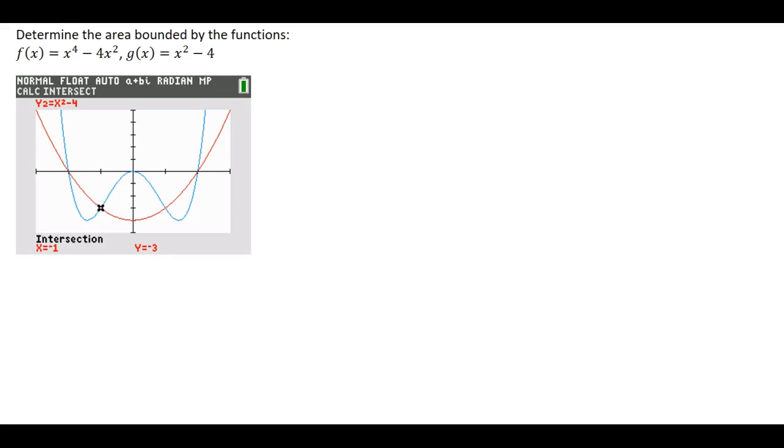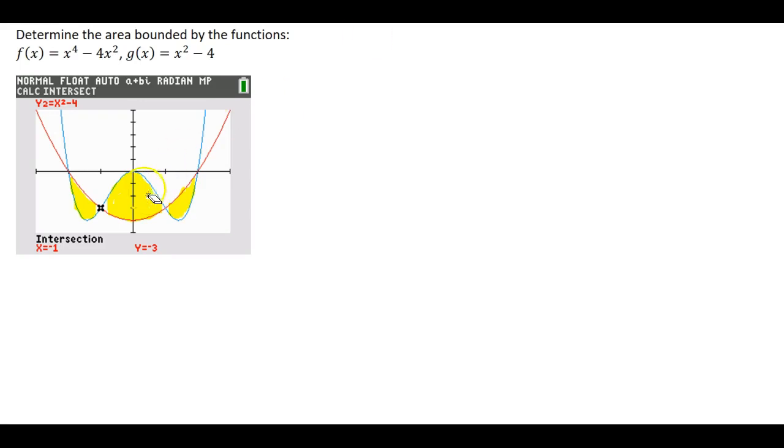I'm going to get the area bounded by these two functions, a quartic and a quadratic. It's going to be this area right here and that area there and that area there. Since both of these functions are even, they are symmetric with respect to the y-axis.